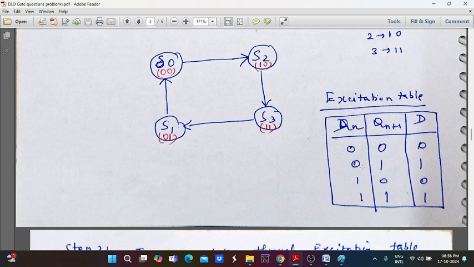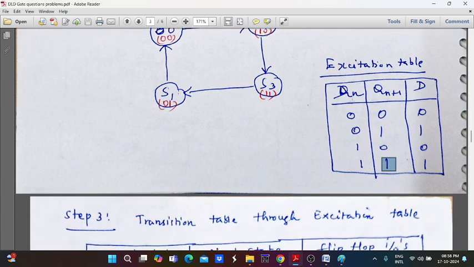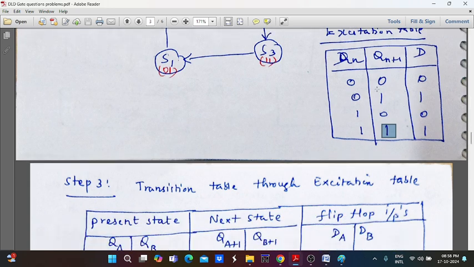If you give 0, whether Qn is 0 or 1, it does not matter; the output Qn plus 1 is 0. Similarly, if you give 1 at D, whether Qn is 0 or 1, the output Qn plus 1 is 1. So the D flip-flop does not consider the present state Qn, and it gives the output based on the input given to the D flip-flop. This is the excitation table.